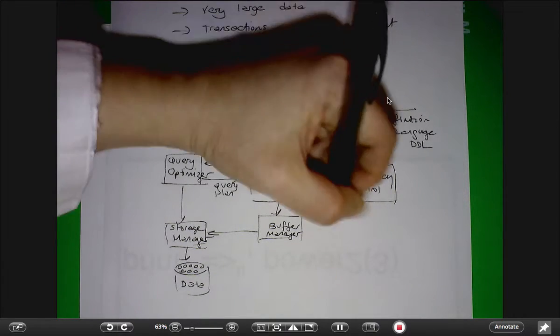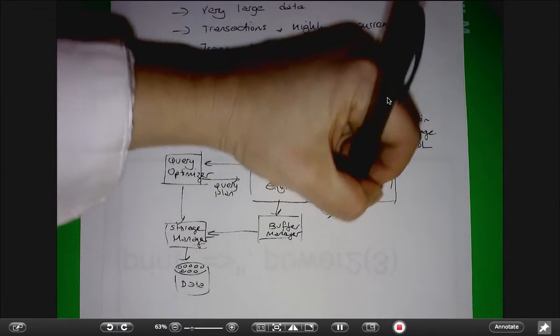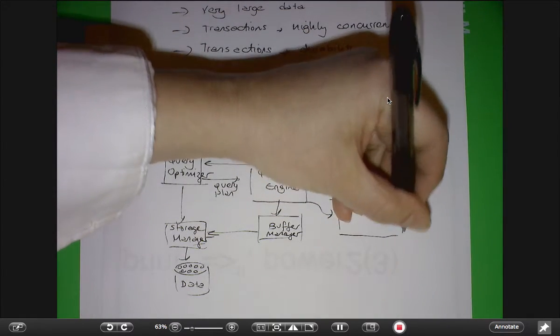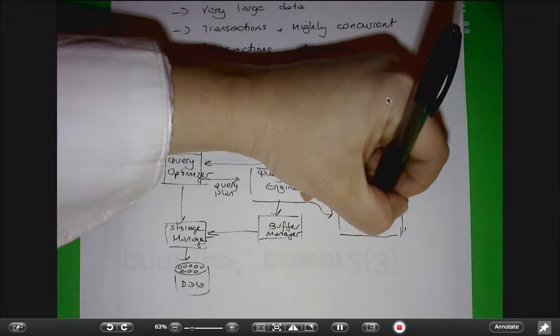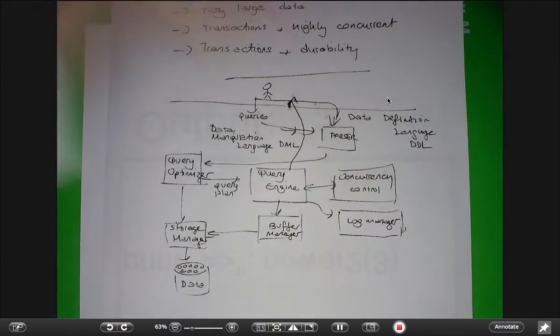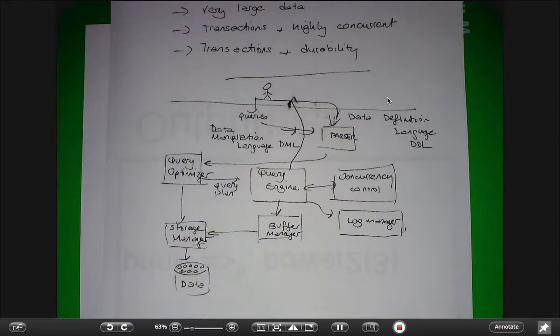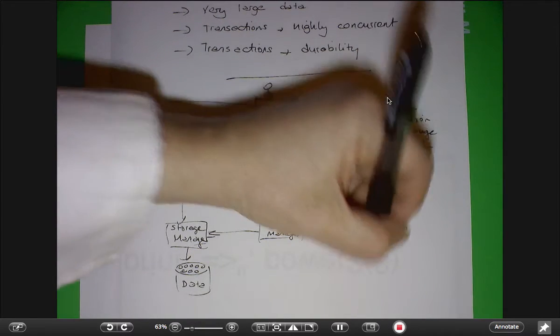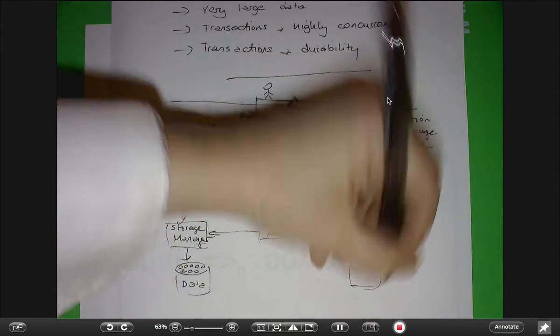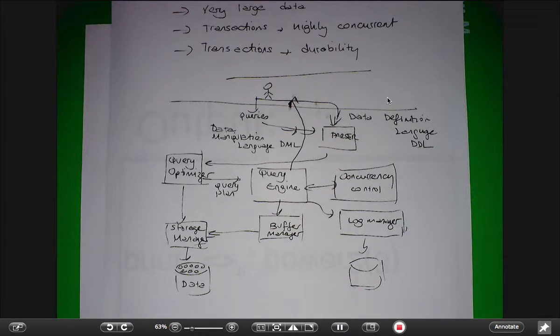So you are going to have a log manager, something that keeps track of the log, which also is written to disk periodically. Could be the same disk, it could be a different disk. But you need to make sure that if somebody is told that they have finished their job, I've actually written it somewhere.